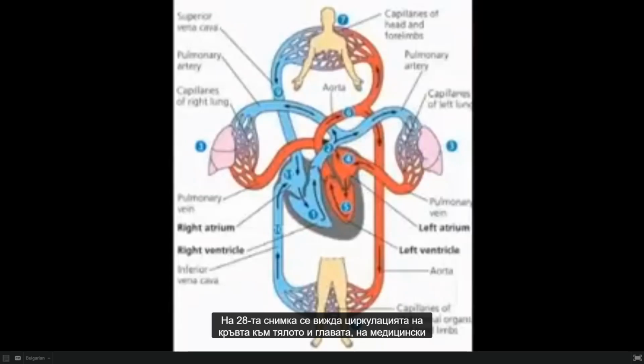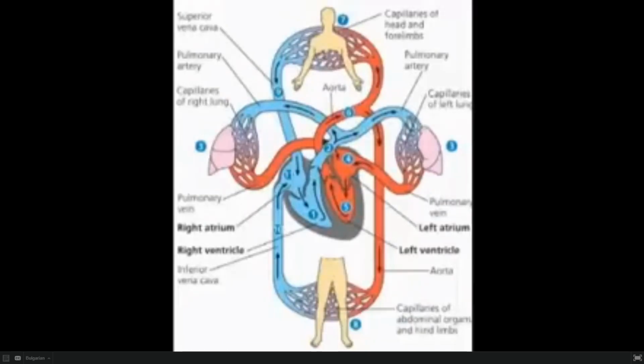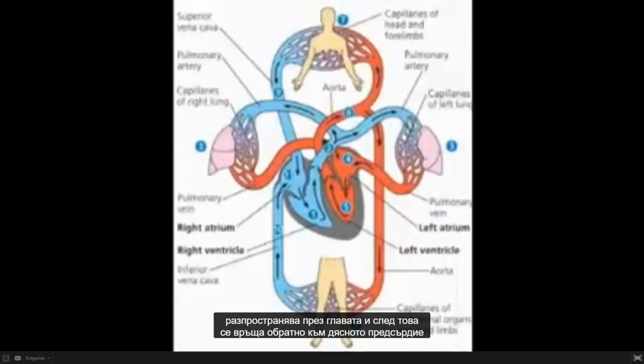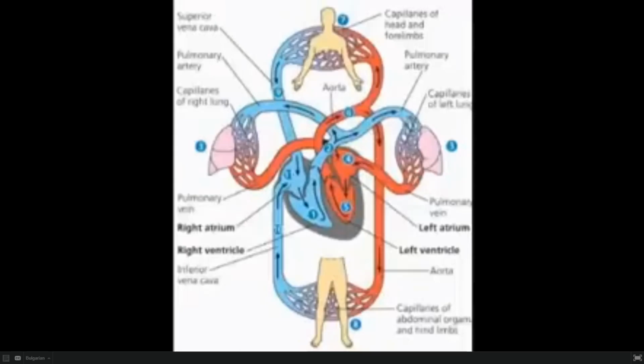So we call in medical language the small circle of the blood and the big circle of the blood, because from the aorta, the blood spreads through your head and then goes back to the right atrium. In some way it goes through all your body and collects the blood inside the right atrium. Just different kinds of highways of the blood.